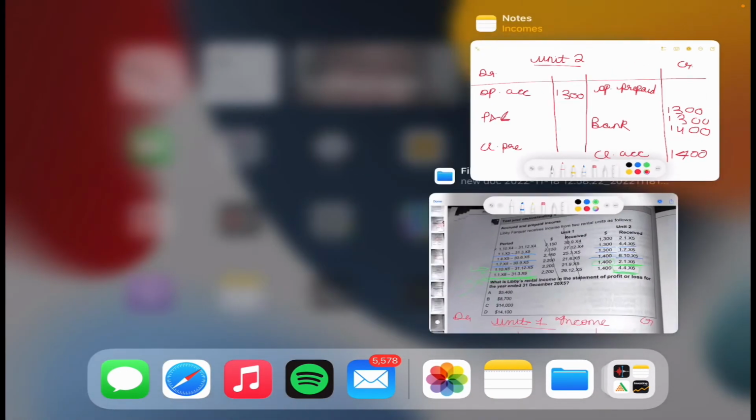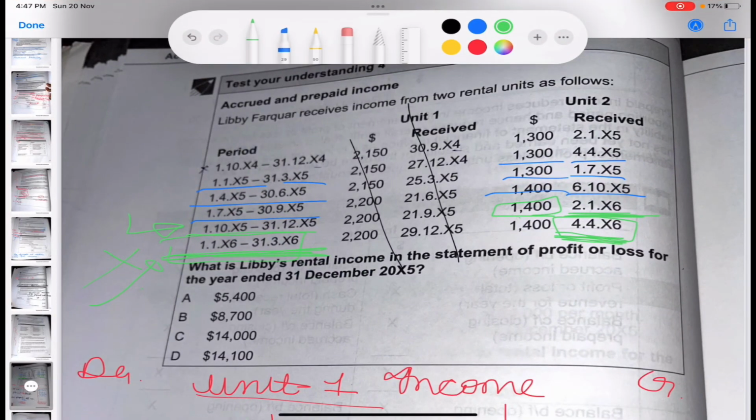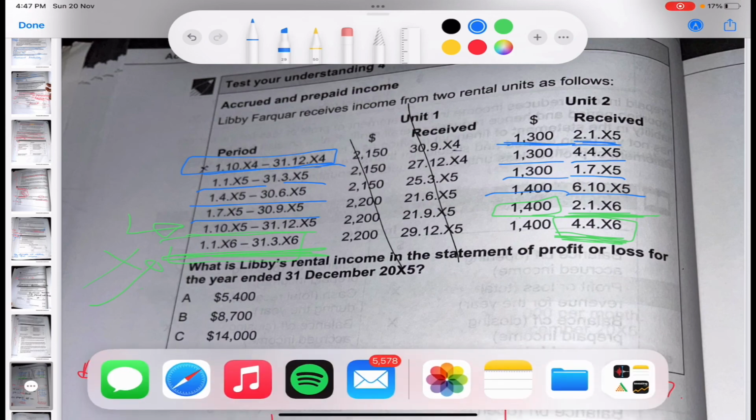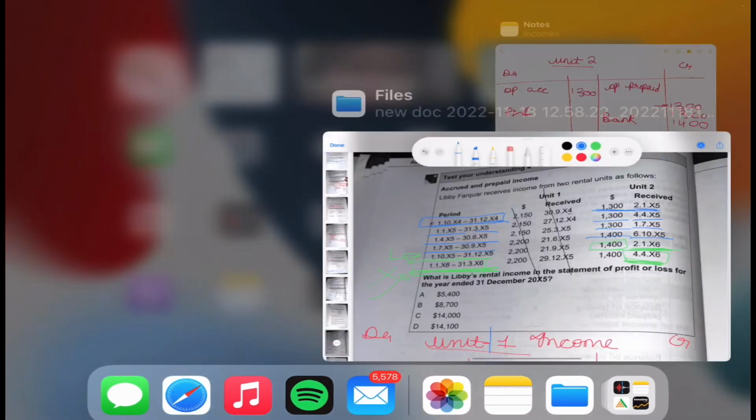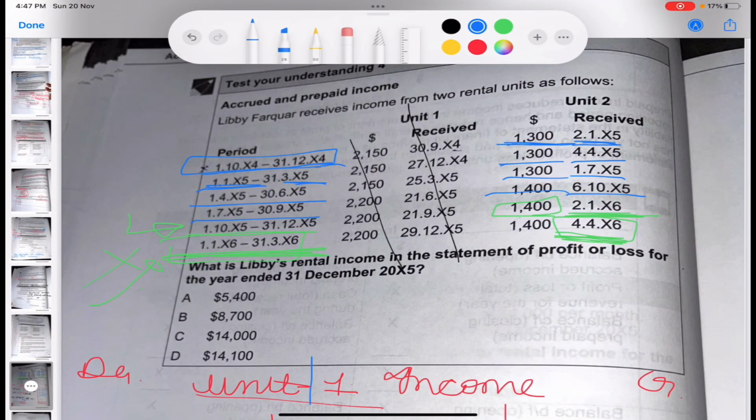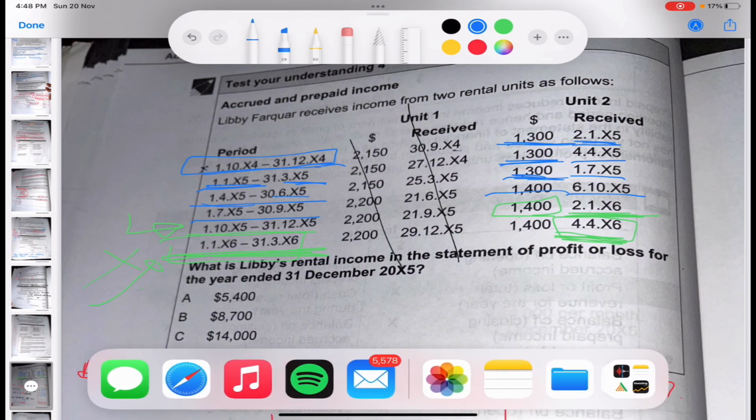Let's quickly recheck our unit 2. So here something belonging to 2014 we received now. We received in the bank 1,300. Next, belonging to 2015, we received 1,300.